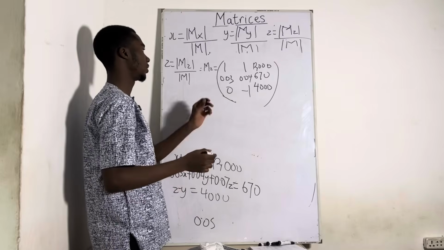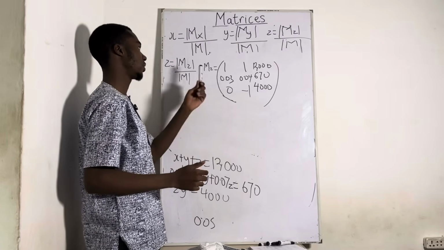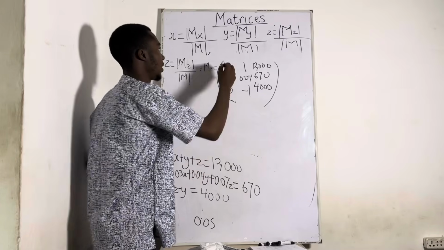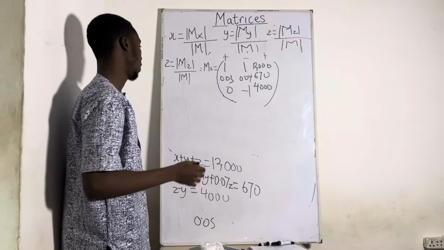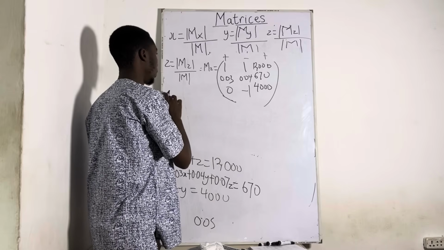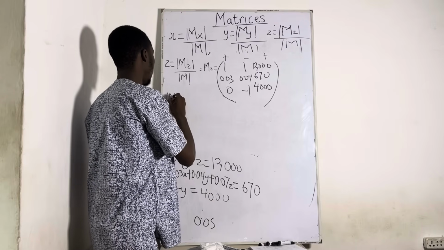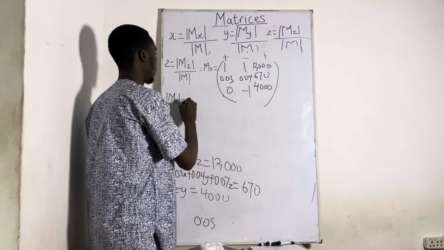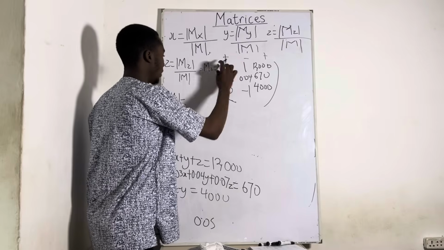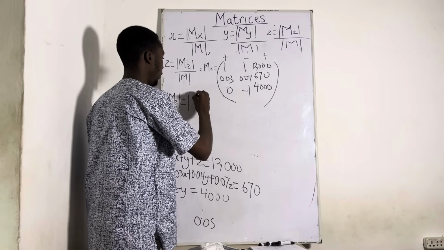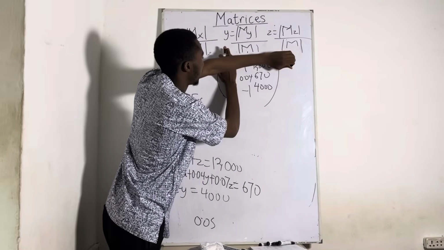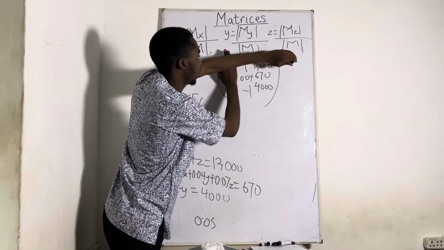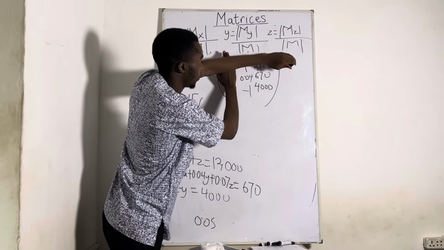So now that we found Mz, to find the determinant of Mz, the same process. So here is positive, negative, positive. So let's start. The determinant of Mz is equal to 1, because it's positive. So you open the big bracket. You cover this and this, so it's left with 0.04, 670, -1 and 4,000.